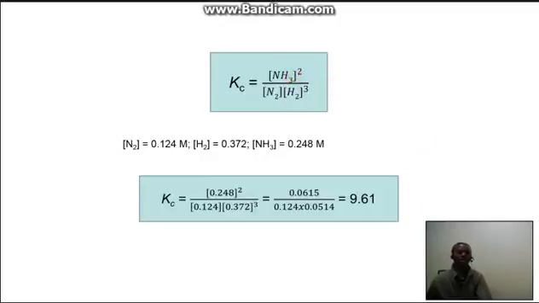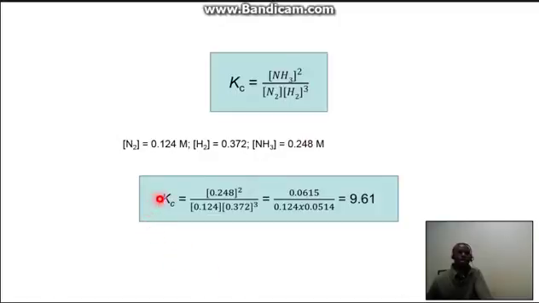For example, here we have the concentration of NH3, and the concentration of NH3 is 0.248. So we just put 0.248 inside here and then square it because of the square given here.